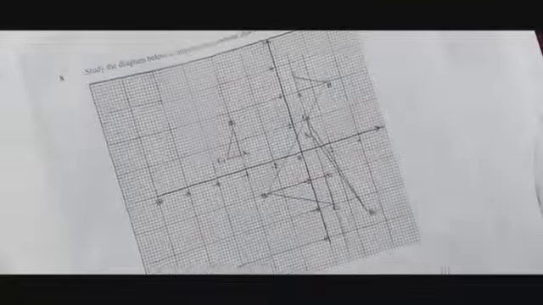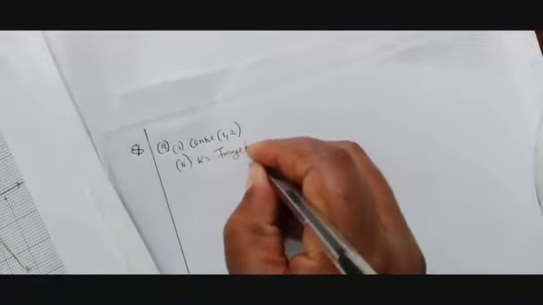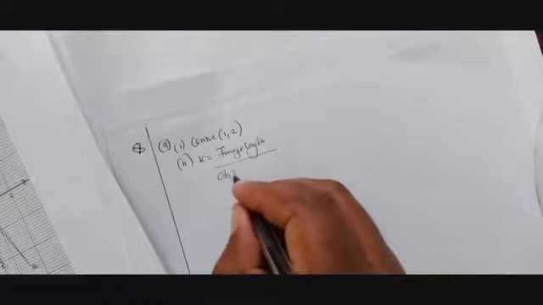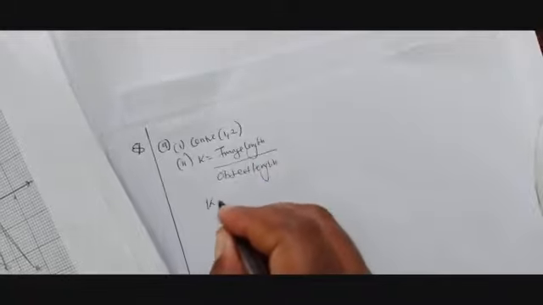Find the scale factor. How do you find the scale factor? We'll say image length divided by object length. So we identify sides that are very easy to pick.